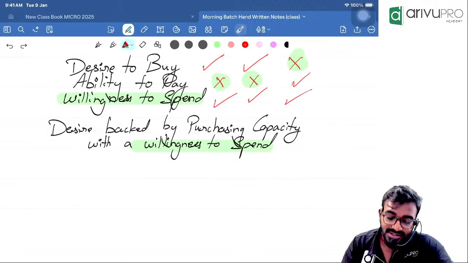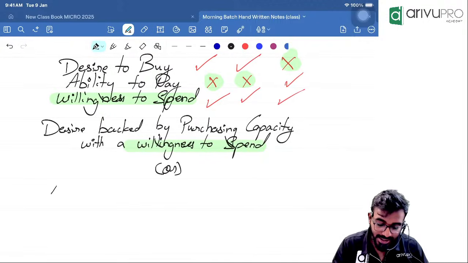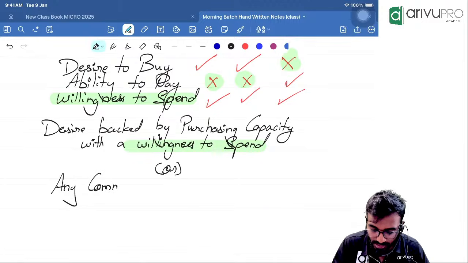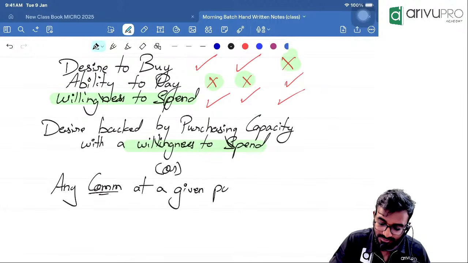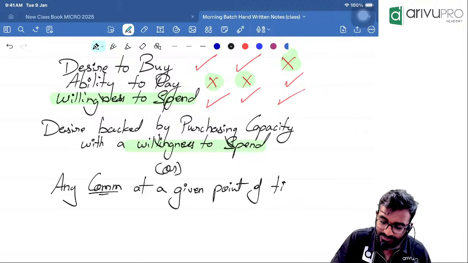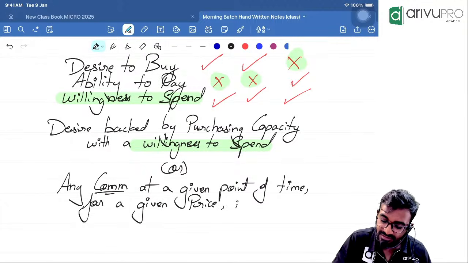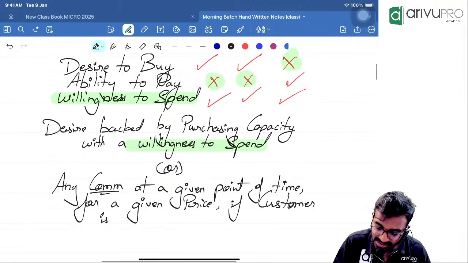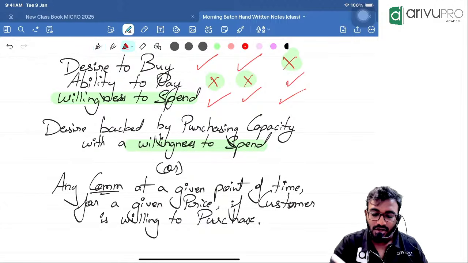Okay, sir, what if I don't remember the three conditions in the exam? Is there any other way of understanding the concept of demand? Very much yes. Or else, we can also say: any commodity, at a given point of time, for a given price, if the customer is willing to purchase, even this is called a demand.